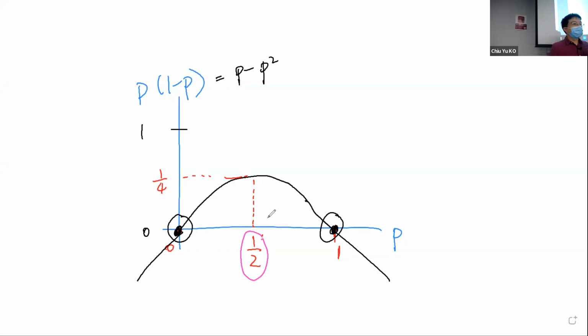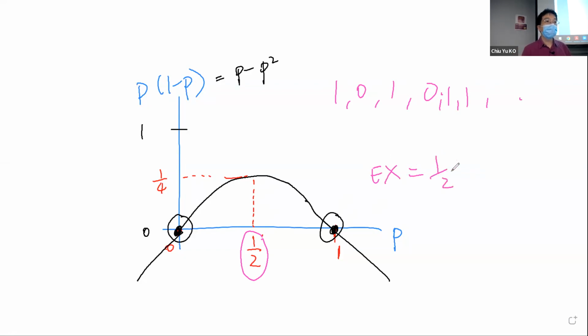Well, because you don't really know whether you will have success or failure. A lot of the time it's either 0 or 1, a bunch of 0, 1, 1, 1, 0, something like that. And you know the mean of this is just the expected value of X, which is 1/2. Every observation is then minus 1/2, and you take the square. So that's the maximum difference you can get.